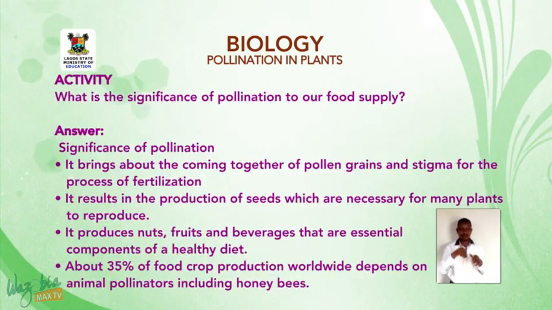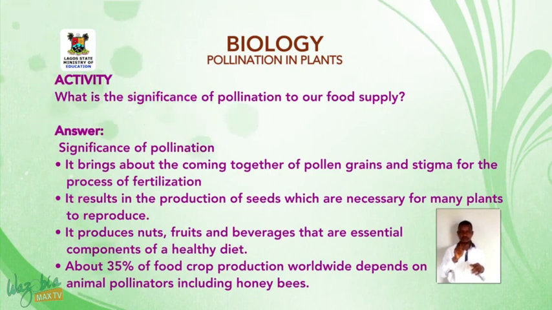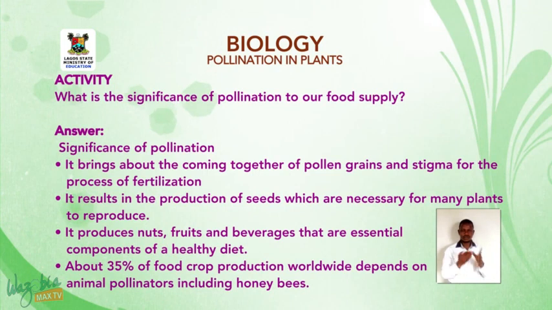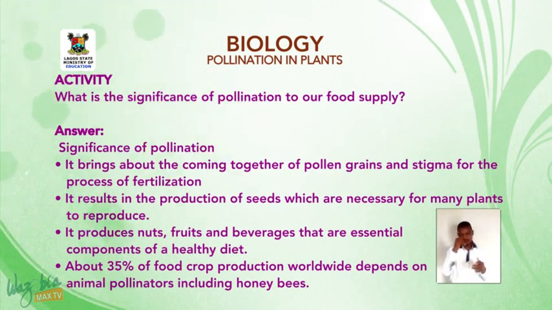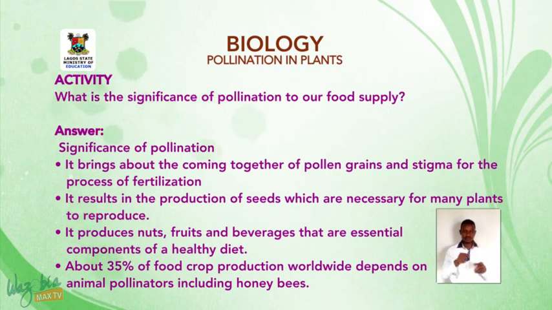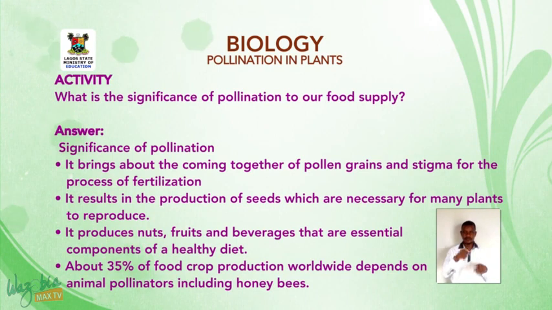Now, students' activity. What is the significance of pollination to our food supply? Waiting for your response. Good. Now let us look at this response here. Significance of pollination: 1. It brings about the coming together of pollen grains and stigma for the process of fertilization. 2.